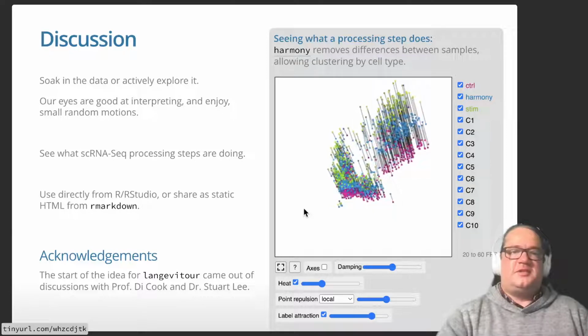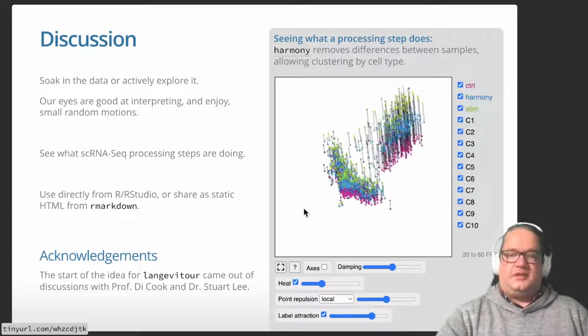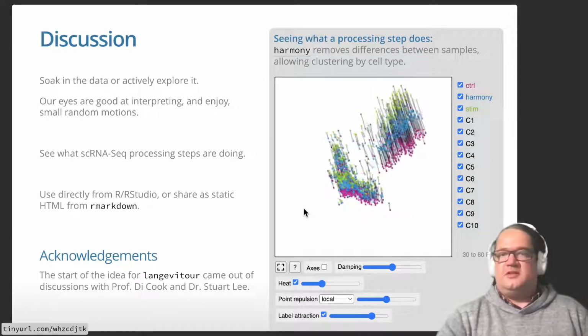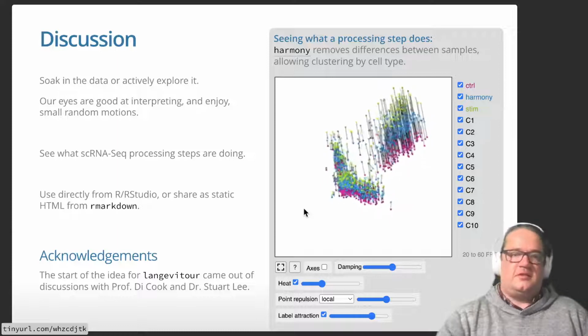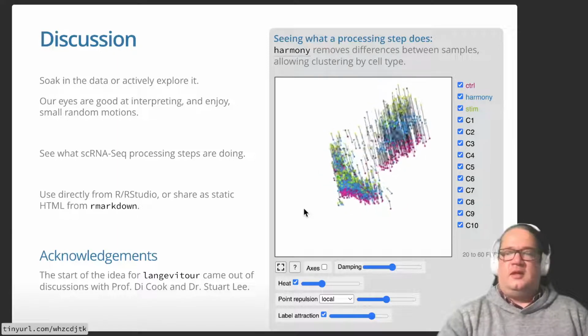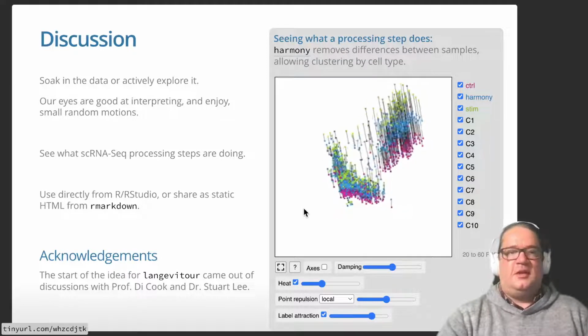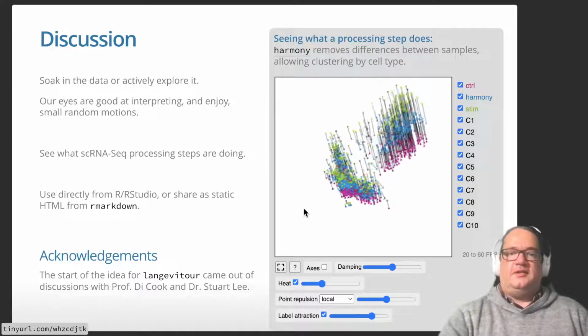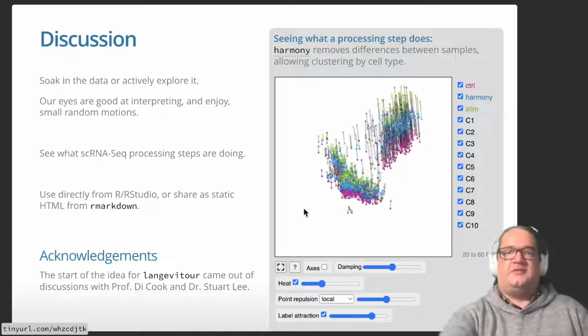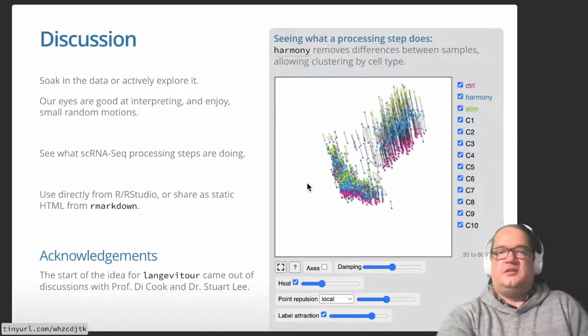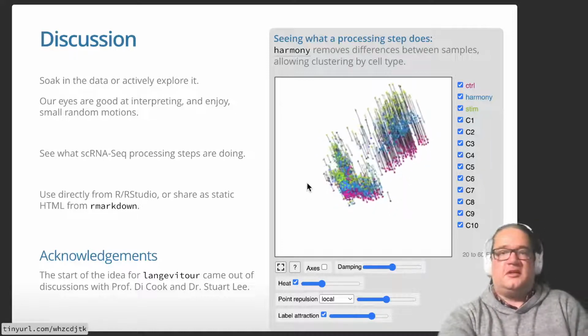It seems to be a channel of information that our eyes are pretty good at interpreting. It's a very natural sort of motion. I find it enjoyable to look at. And it's giving this extra information that you would not get in a static image.